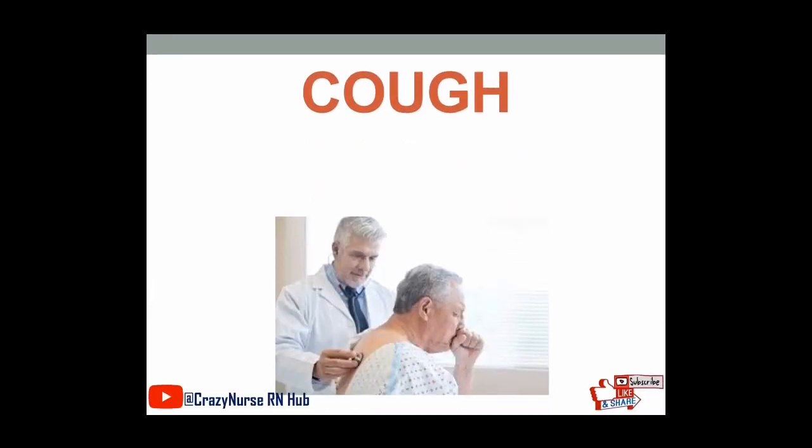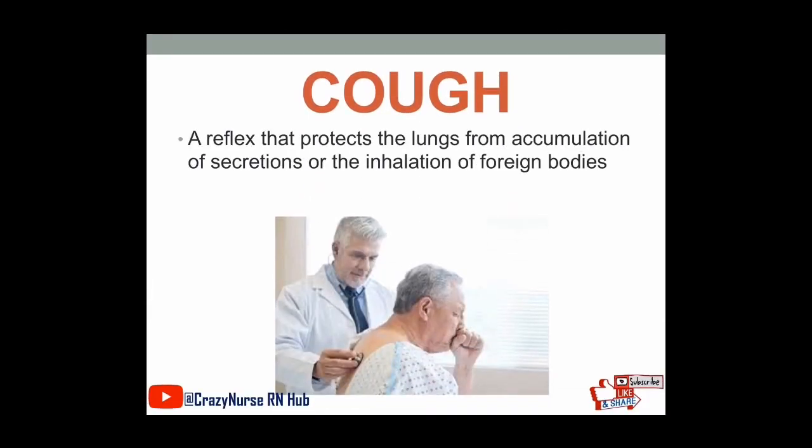We also have cough. Okay, it is a reflex that protects the lungs from accumulation of secretions or the inhalation of foreign bodies. And it is considered a diagnostic clue. So actually, the cough reflex can serve as a warning sign for us to know that the patient might have a respiratory condition.